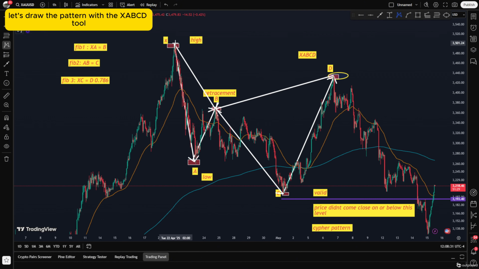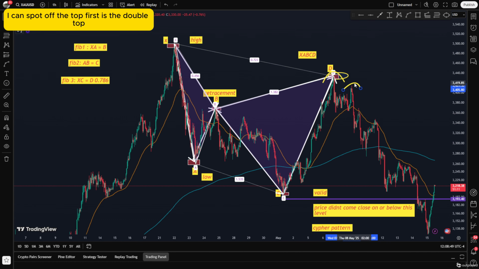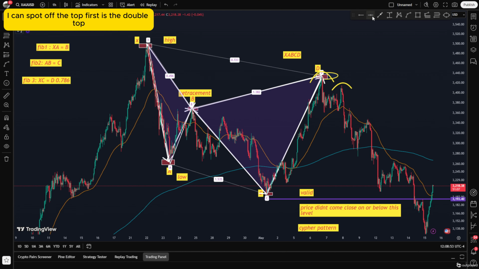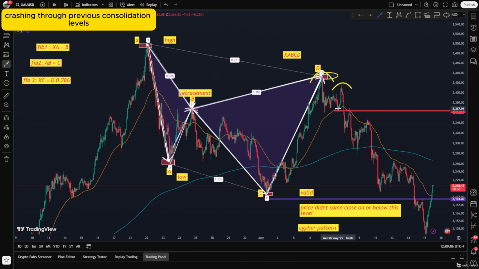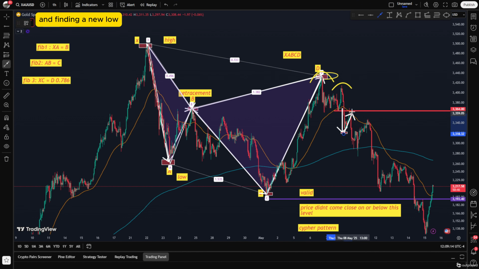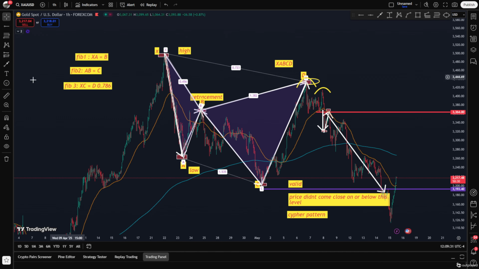Let's draw the pattern with the XABCD tool. And look here, we have two different confluences I can spot off the top. First is the double top, and then after the full descent, crashing through previous consolidation levels and finding a new low just to retest these highs as like a last handshake goodbye.